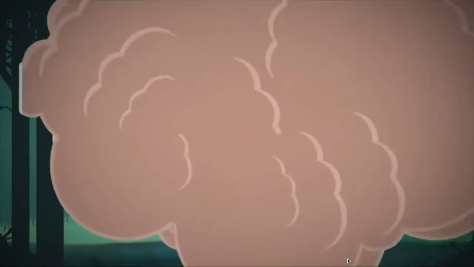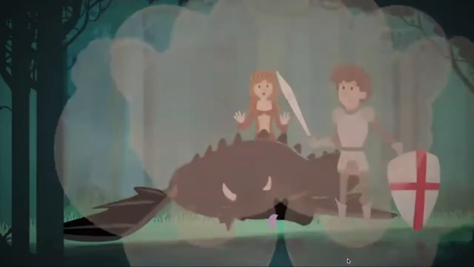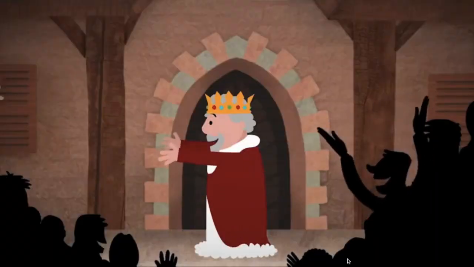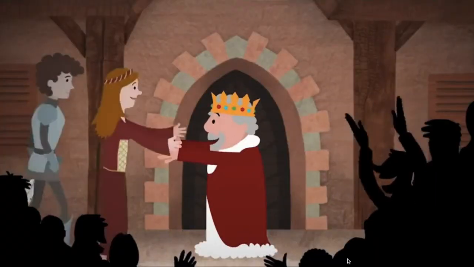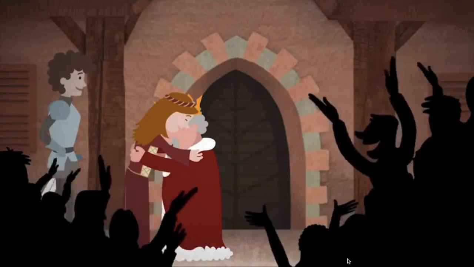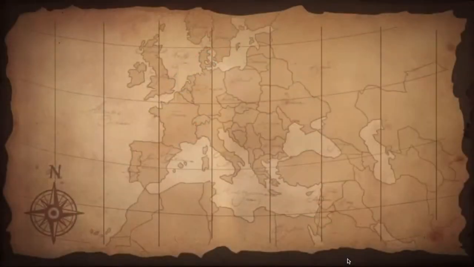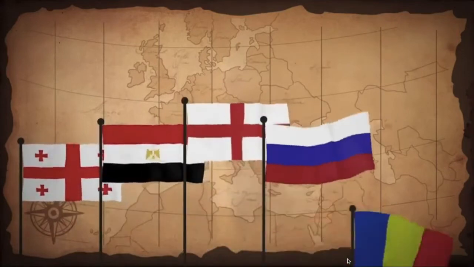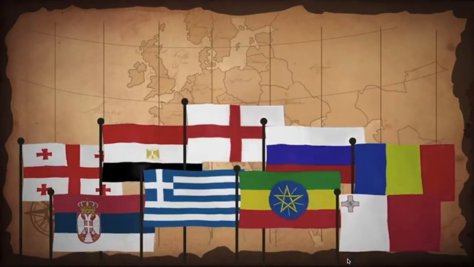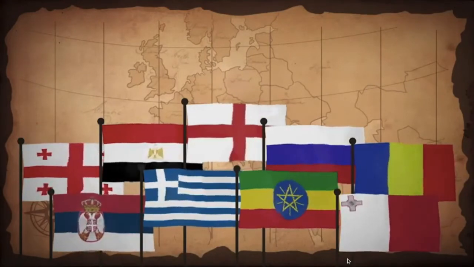George attacked the dragon. He fought very bravely, won the fight, and killed the dragon. George and the princess returned to the village, and everyone was very pleased that they would have no more problems with the dragon. Today, the story of George's bravery is remembered, and George is known as the patron saint of many countries.